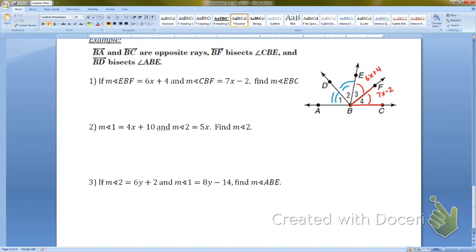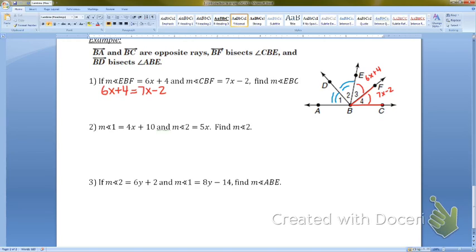Well, the first thing is we have to deal with what we've been given. We marked them congruent, so if they are congruent, that means that their measures are equal. So we can set up 6x plus 4 equals 7x minus 2, because we know that the two angles are congruent. So let's go ahead and solve this problem.